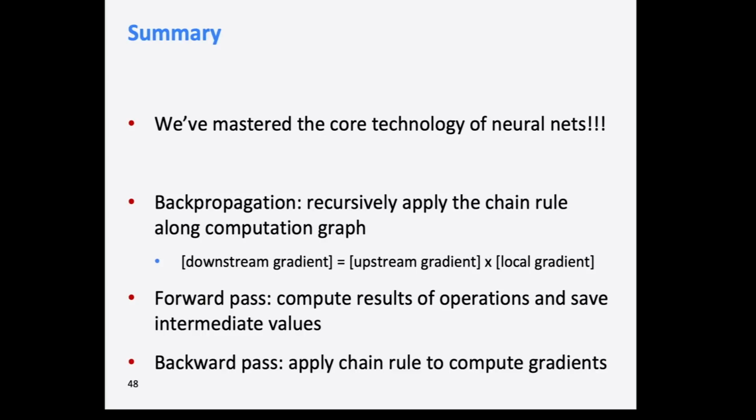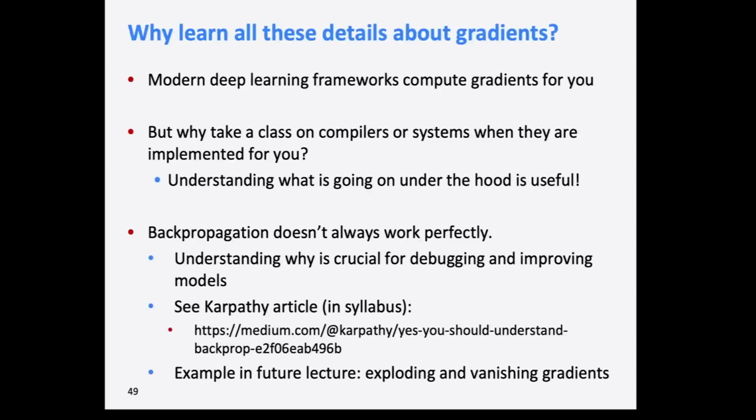Okay, so we've now mastered the core technology of neural nets. We basically know everything we need to know about neural nets, and I just summarized it there. Just to emphasize once more, some people think, why do we even need to learn all this stuff about gradients? And there's a sense in which you don't really, because modern deep learning frameworks will compute all the gradients for you.